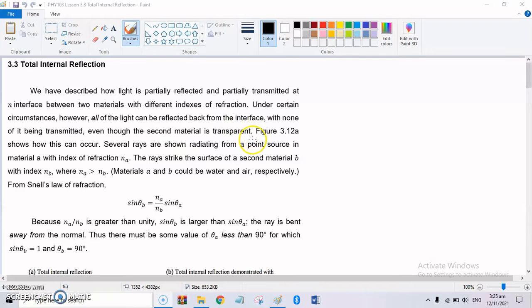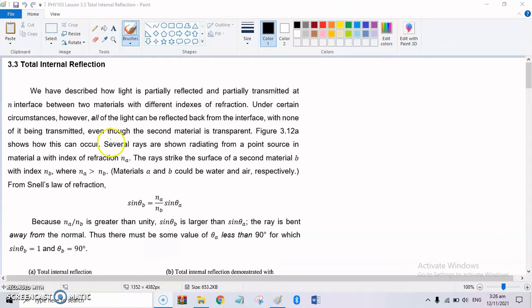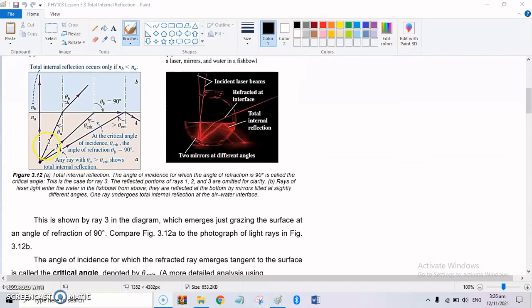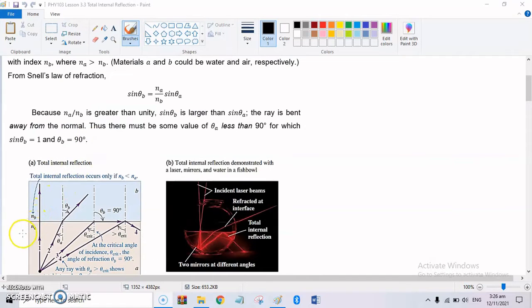And this is possible, like in this figure 3.12a. Several rays are shown radiating from a point source in material A with index of refraction Na.